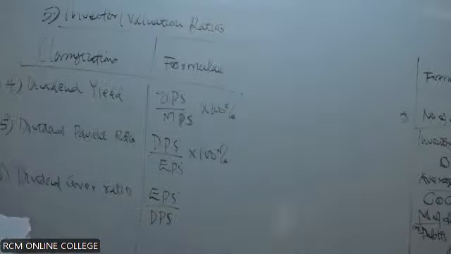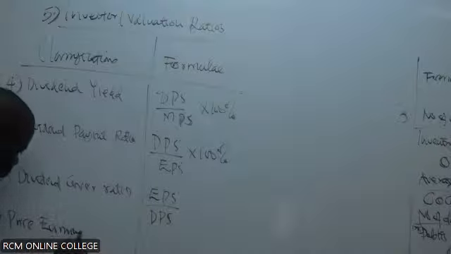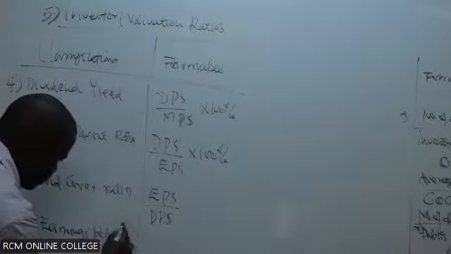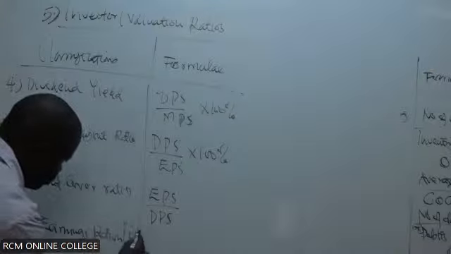Then number 7 is the price earnings ratio, famously known as the PE ratio.